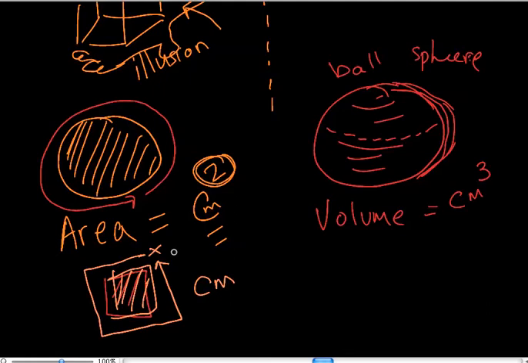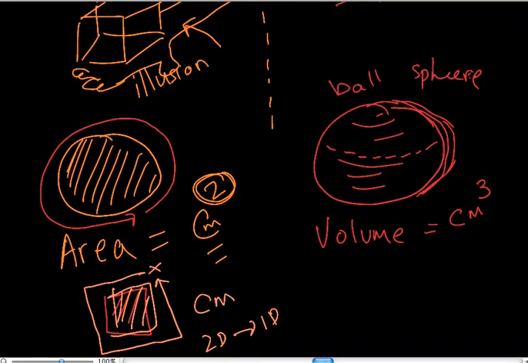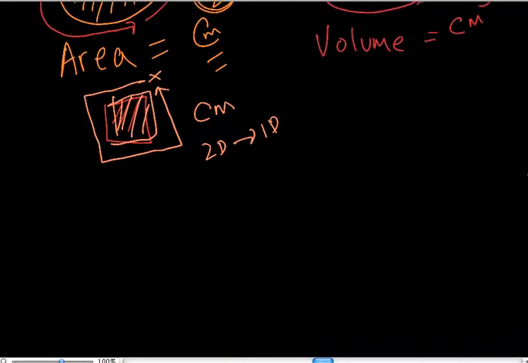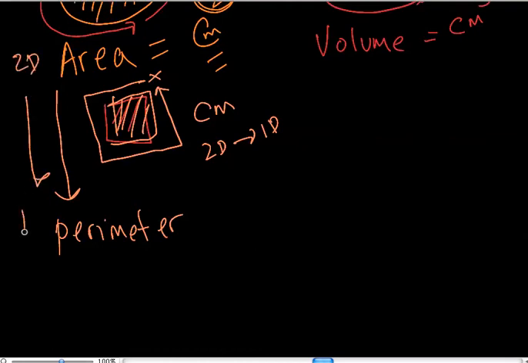That is going from a 2D shape down to 1D. That is going from area down to perimeter. And that's what it means to measure around a 2D shape. So this is 2D down to 1D.